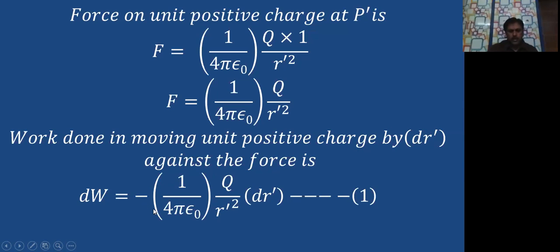Next, work done formula: force into displacement. You remember? That is the general definition. As per that, F is a force here. I wrote that. And displacement is how much? dr dash. So dW is equal to minus 1 by 4 pi epsilon 0 Q by R dash square dr dash.